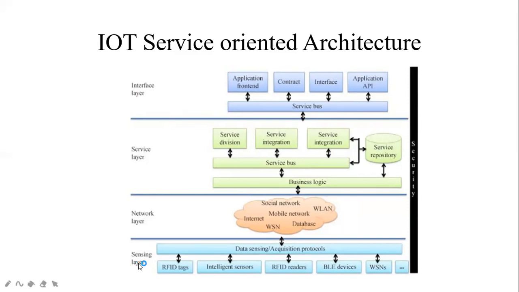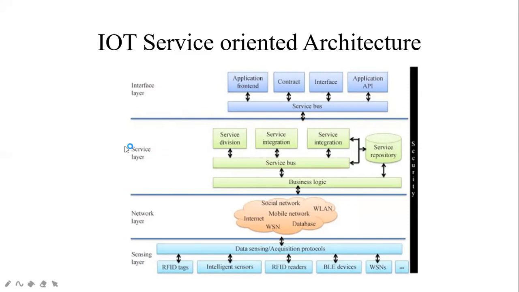The first layer is your sensing layer, the second is your network layer, the third is your service layer, and the fourth is your interface layer. The sensing layer has sensors that detect your data. The network layer is used to connect your sensing layer to your service layer.